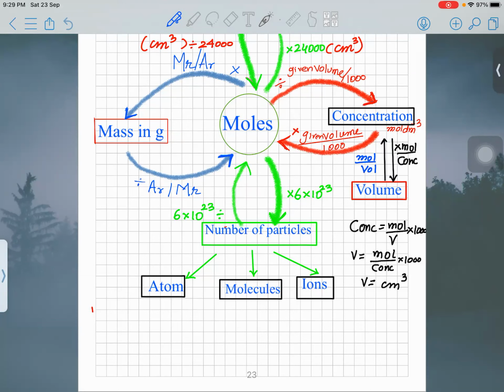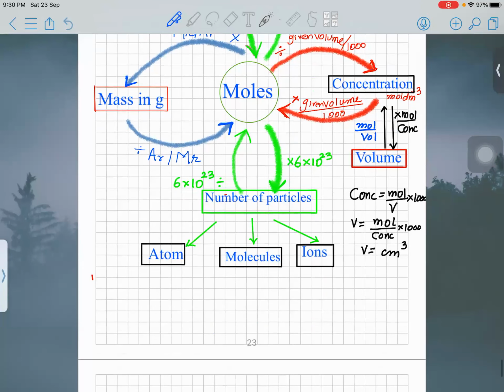Are you getting my point or not? Yes, sir. If you know the volume, then you can easily find the concentration, mole divided by volume. Basically, if you know one of all these things, then you can find all the other things here.